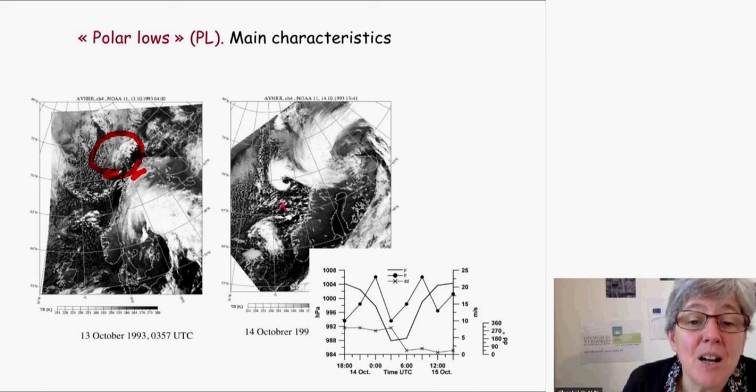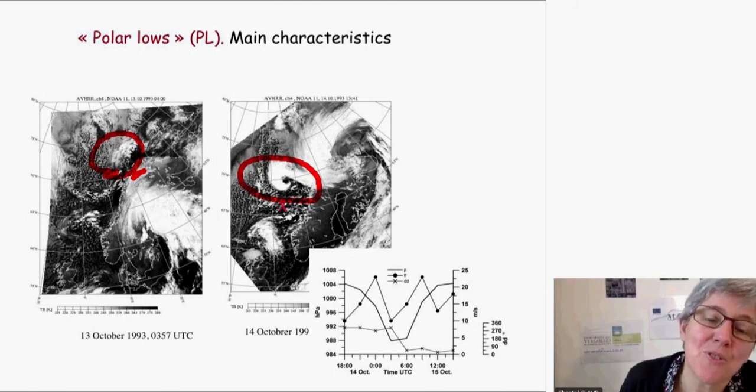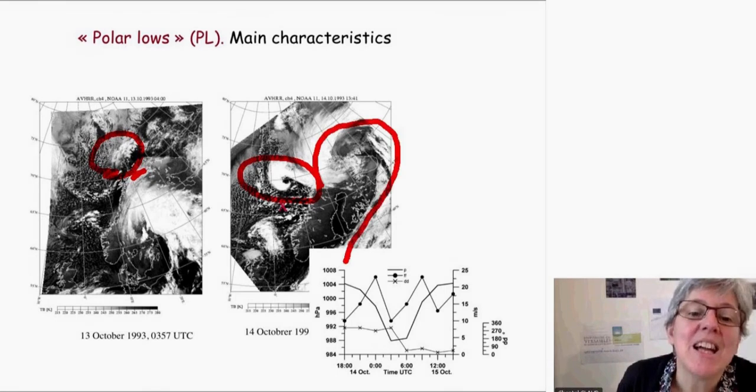And a few hours later, you have the polar low, which has developed and which can be seen here. So this polar low has been very much studied. It had a nice shape because it was just at the extremity of a synoptic system here, but this is not the polar low itself. And because of the specific shape, it was called Lucine, the swan, but in fact, only the head of the swan is a polar low.